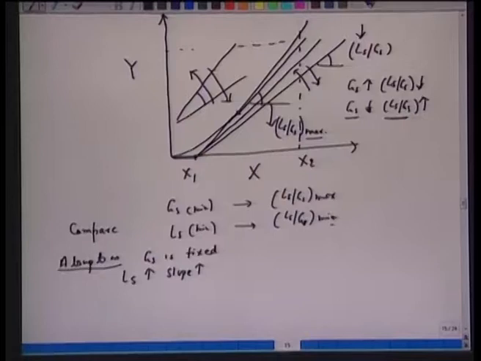So if we increase LS by GS, the line will move in this direction. If LS increases, slope increases. Okay. If the slope increases, then the driving force delta y increases. Height decreases because now we have a large driving force, so we require a smaller height to achieve these concentrations.